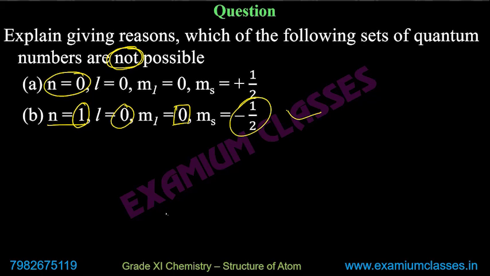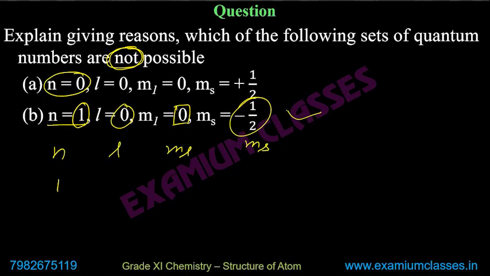Now the next one. In this question, sir, ML should be 1, no? I'm having confusion here for ML. N, L, ML, MS. N is 1.